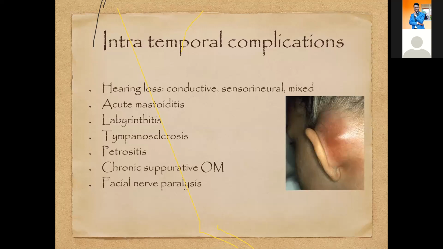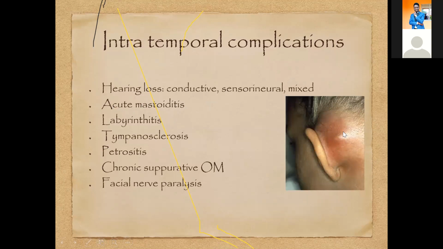Acute mastoiditis, that's when inflammation spreads to the mastoid air cells and gives you acute mastoiditis. Sometimes acute mastoiditis is associated with a subperiosteal abscess. As you can see, this image is of a child who has a retracted ear pushed outwards and forward with a fluctuant swelling.